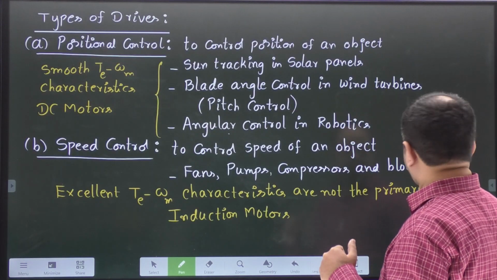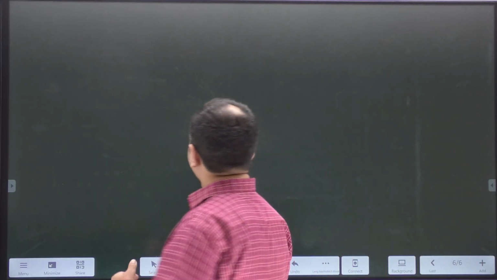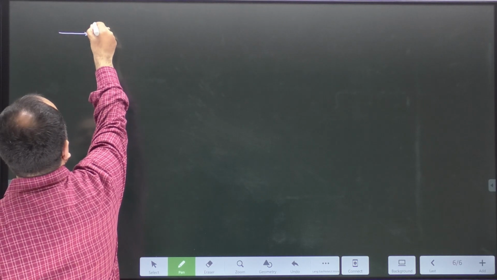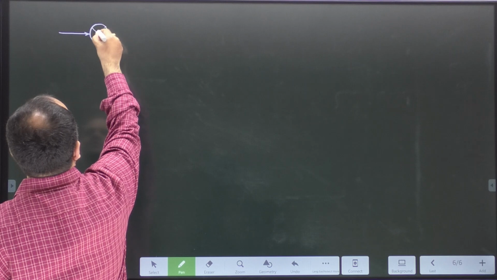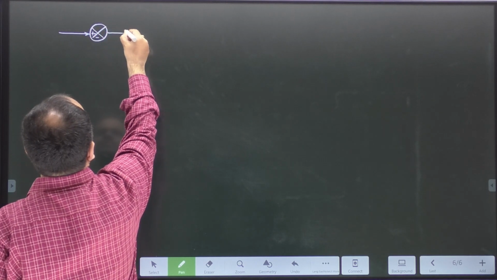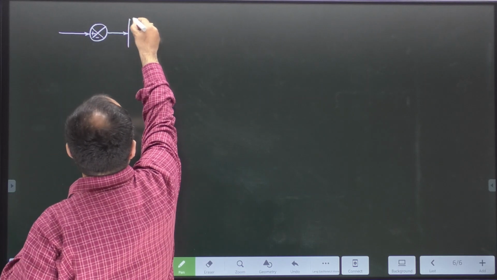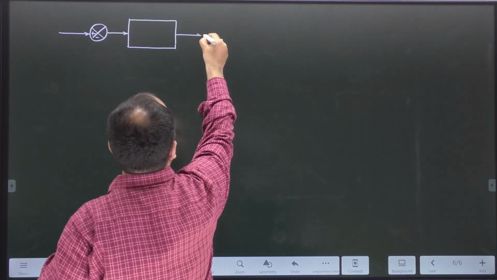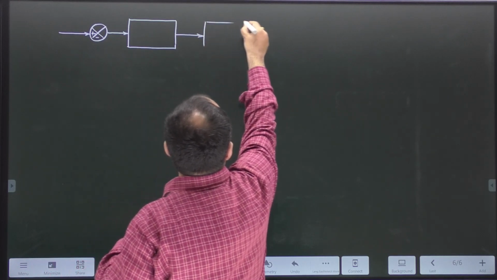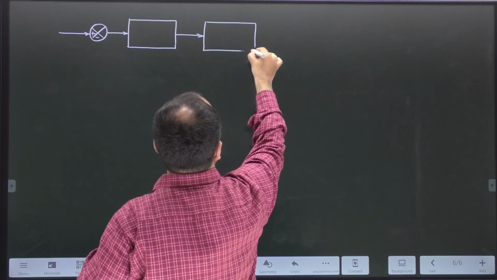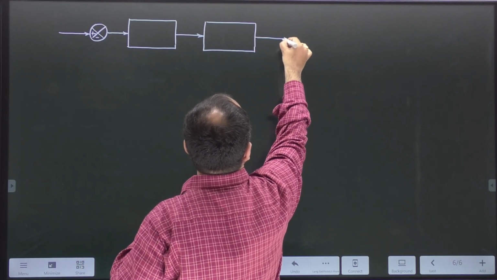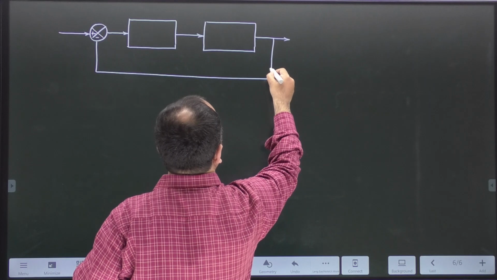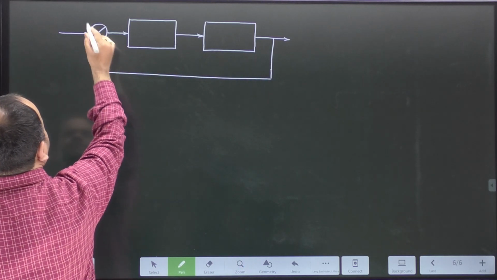If you look back into the control system concept, let me take a small example of a control system. What is the first and foremost requirement to design any control system? We just need the physical modeling of a particular system, right?